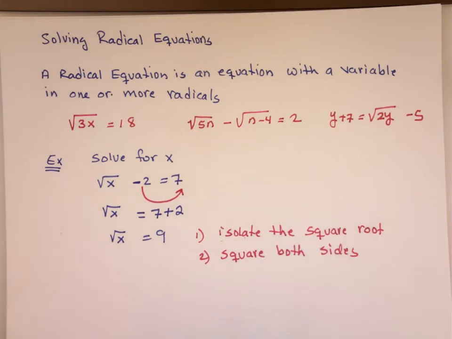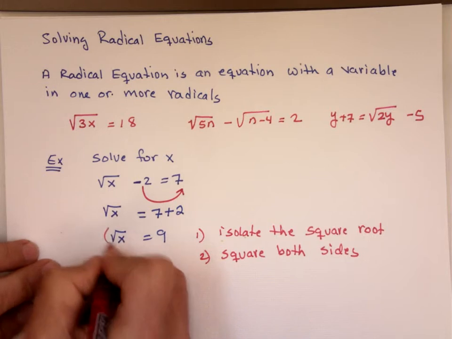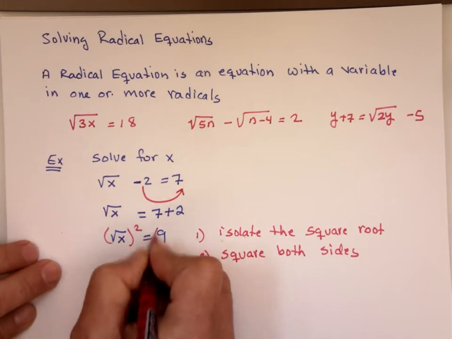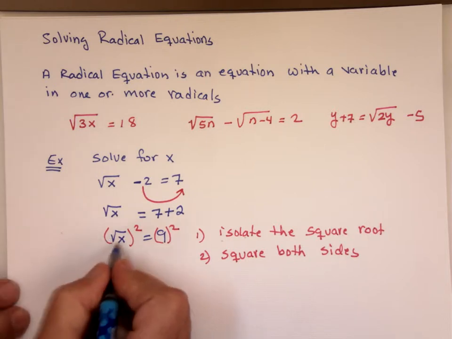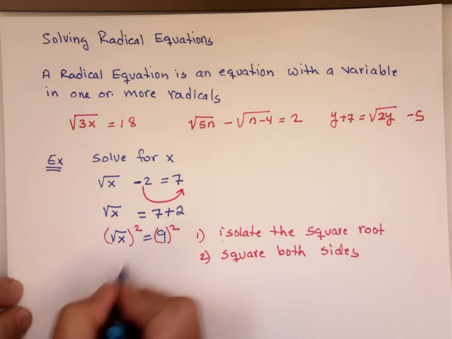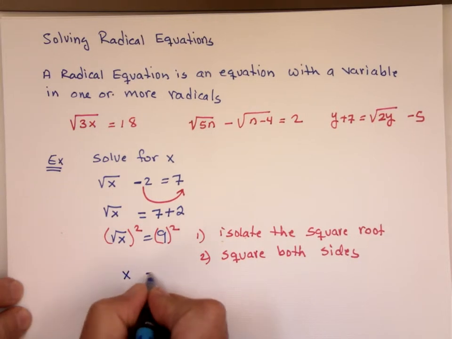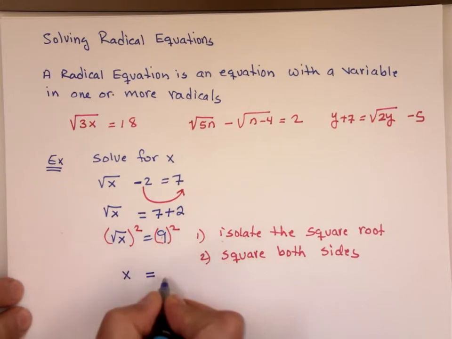So let's square both sides of the equation. The reason we square both sides is because, if you remember from last class, when you square the square root, you lose the square root sign. x equals, what is 9 squared? That's 81.